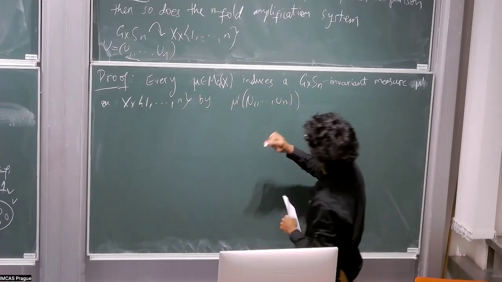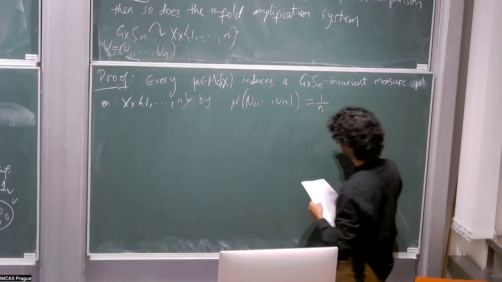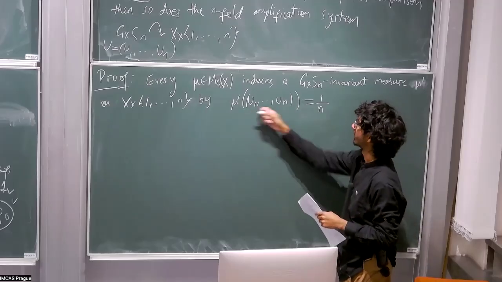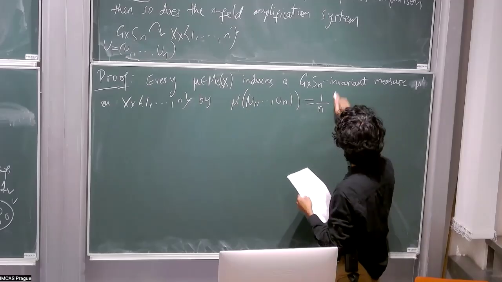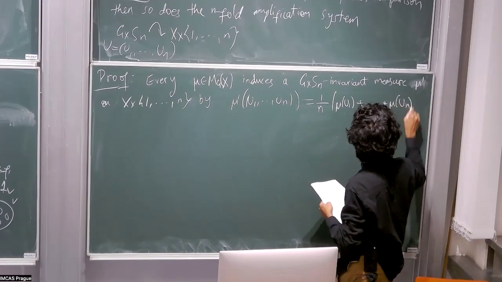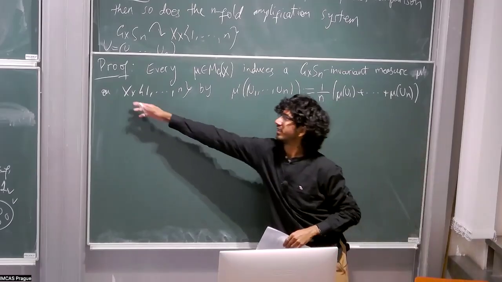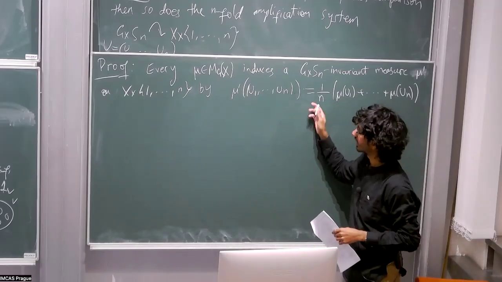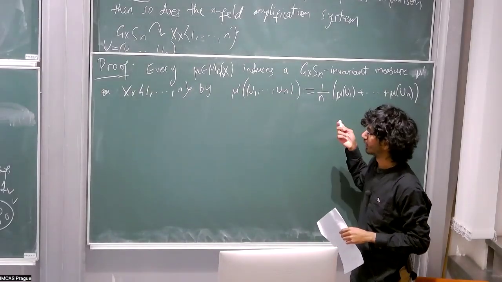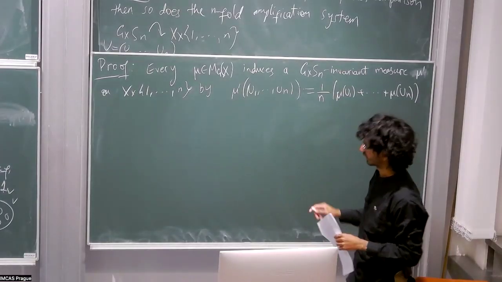So if you take an n-tuple, then you can define it to be not the weighted, just the average of the measures of each of these sets. And what's more is that every measure on this comes exactly like this from a measure on X. This is because we are considering only Borel probability measures, right? And that can happen only in this way.